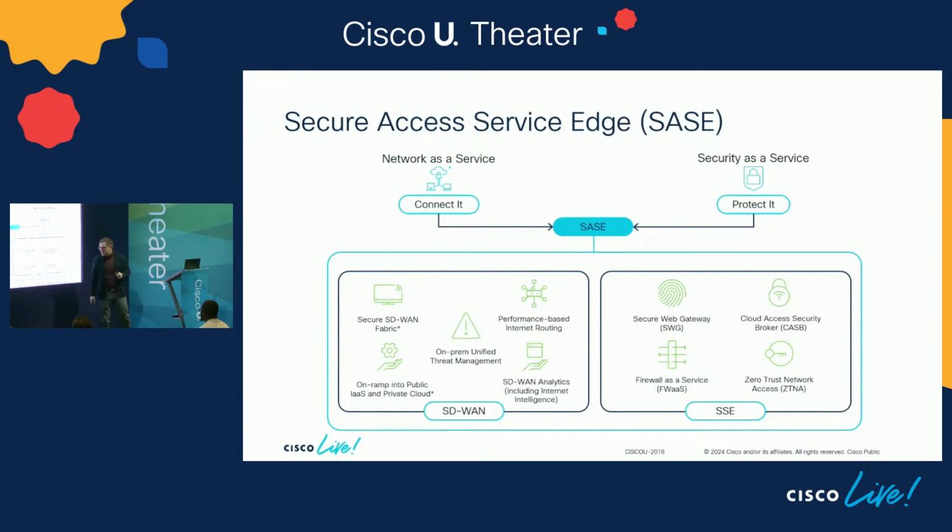So this is SASE architecture. I'm pretty sure most of you have seen a slide like this. Back in the day, everyone was using this traditional approach to networking, a data center-centric approach, but this has become ineffective and costly. Why?